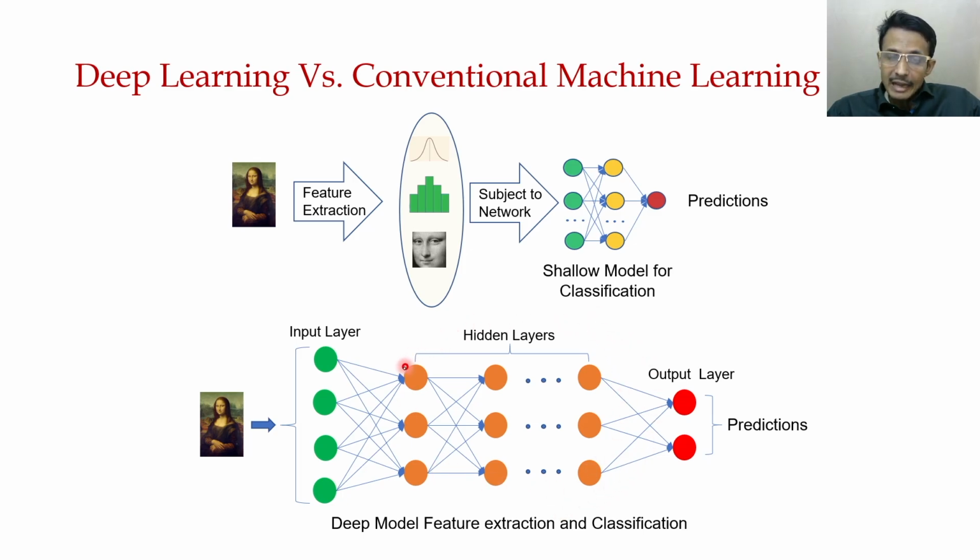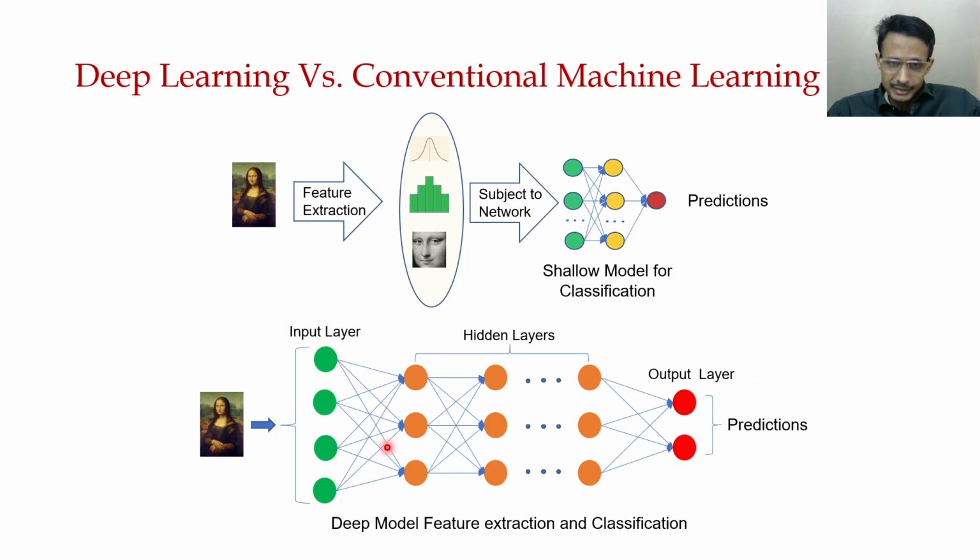We have to understand how a network is going to do all three things: automatic feature extraction, with no manual intervention, then classification and giving the output as a prediction.